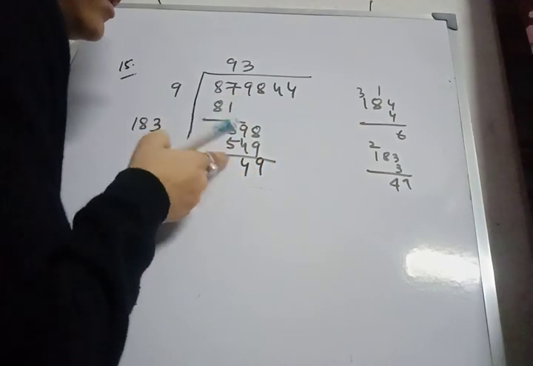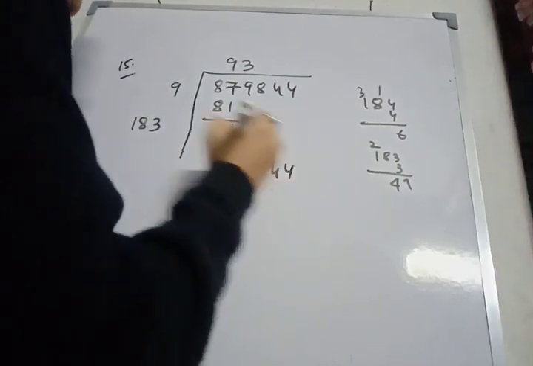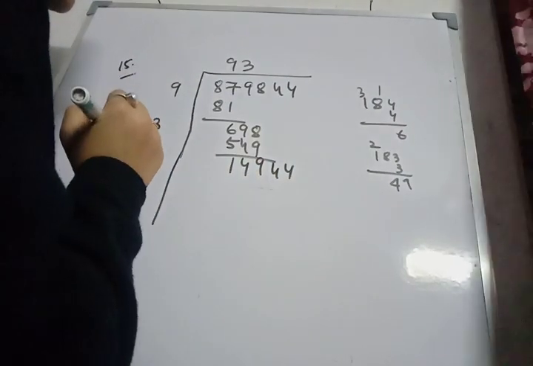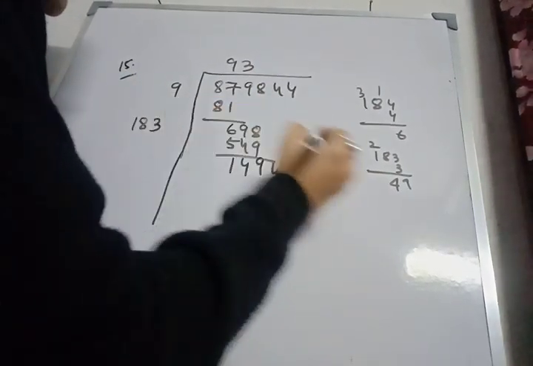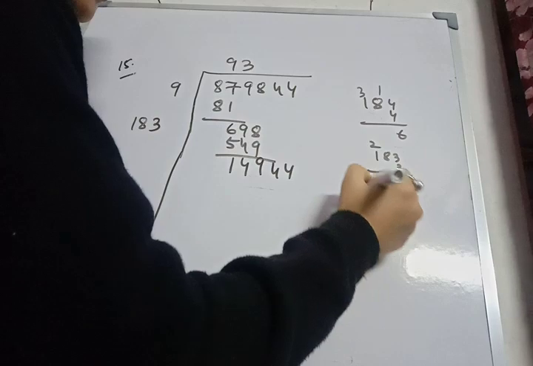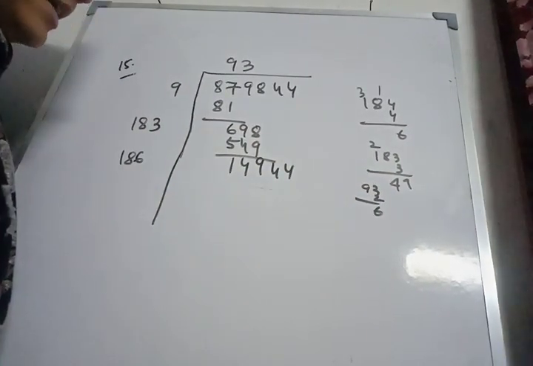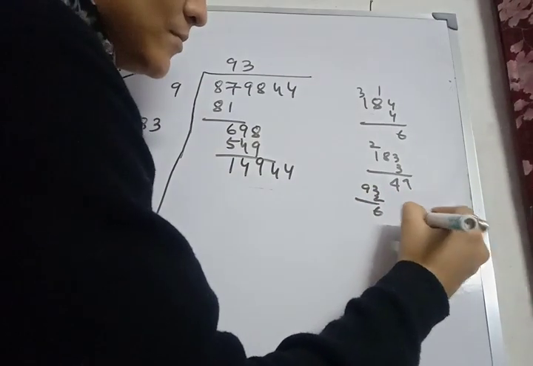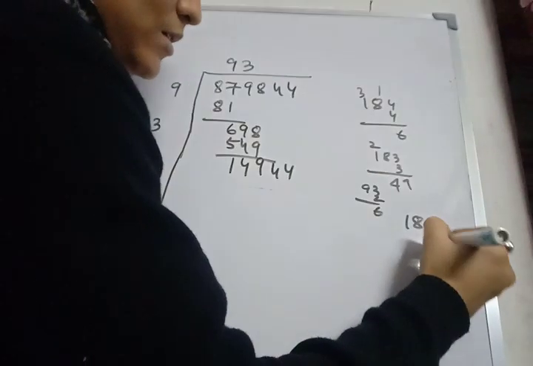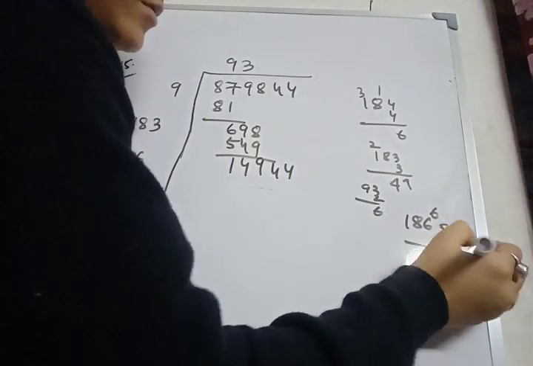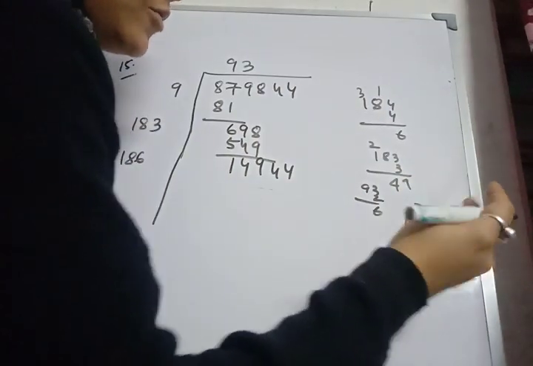14944. 93 twos are how much? So 186. So 186, 8 8s are 64, 60.